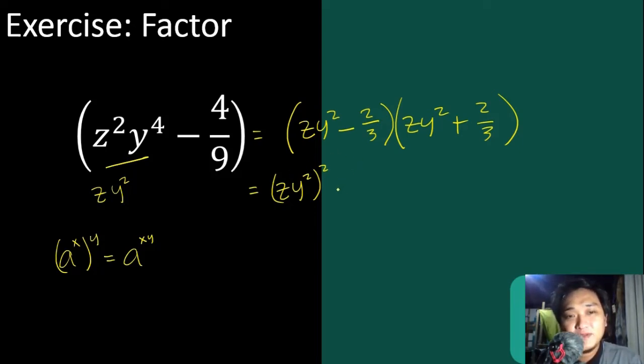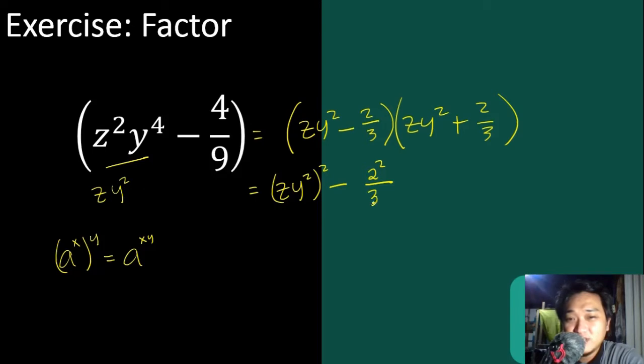Now, ano naman gagawin natin kay 4/9? Express din natin siya as powers of powers. Subukan natin. What will be the exponential form of 4? That is 2 squared over what will be the exponential form of 9?